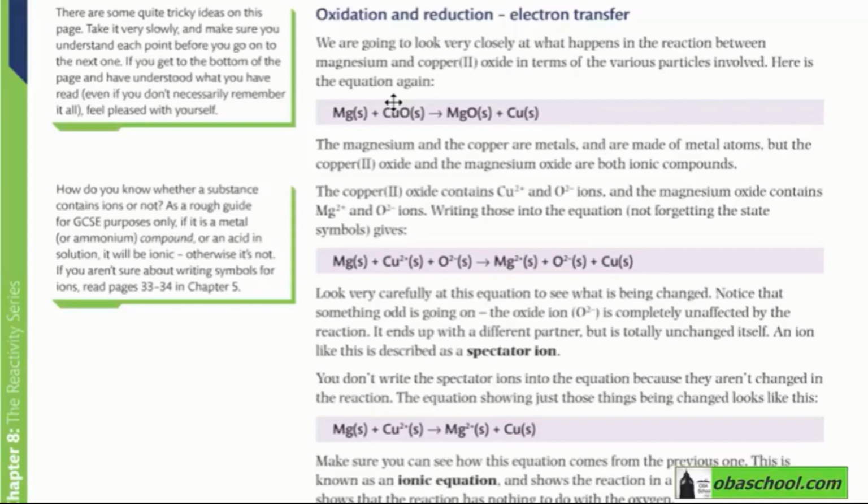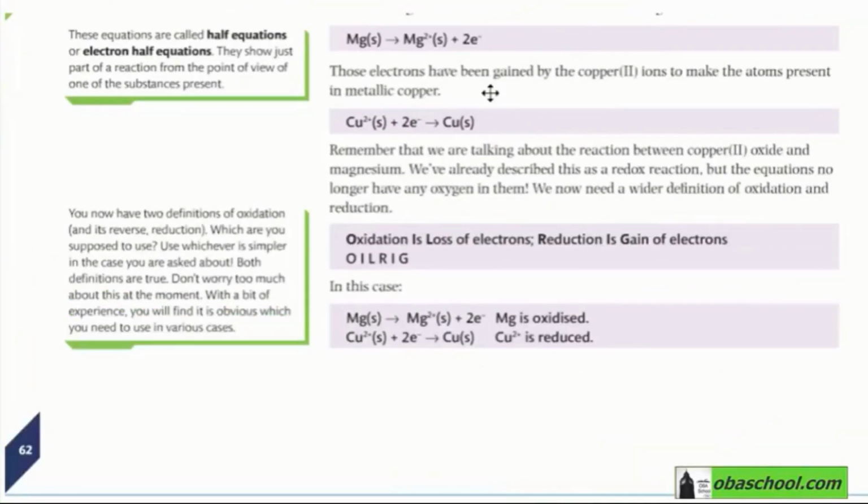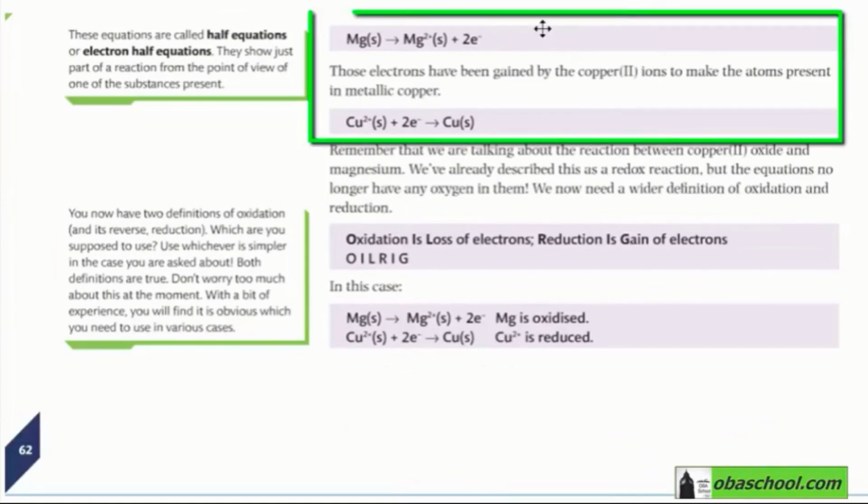We'll take an example of a reaction between magnesium and copper oxide. So we'll take this equation and dissect it, see what spectator ion means, see the ionic equation, and learn what it means, until reaching these two equations that show which element gained electrons and which element lost electrons.